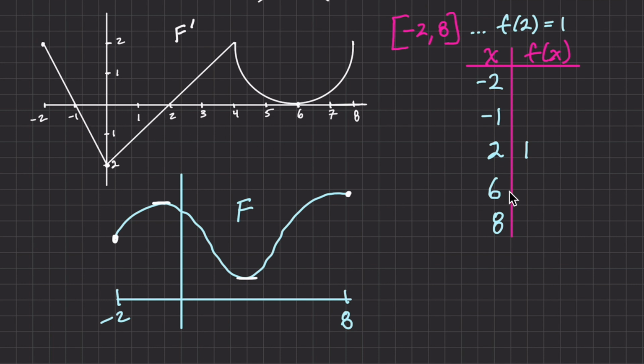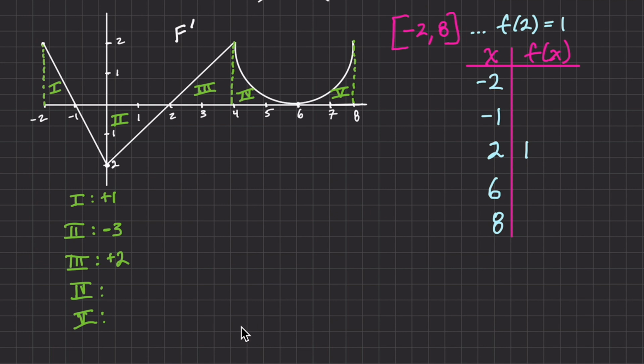We're then going to apply the net change to the y value of 1 to get our f of negative 1. Now note, when we go from x equals 2 to x equals negative 1, we're going backwards, from right to left. So whatever this area comes out to be, although it's technically negative, we're going to switch the sign and then add it to 1.